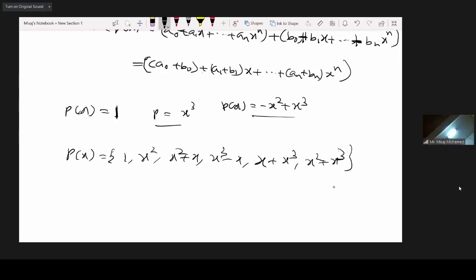So in here you have to see the highest degree. If the highest degree is cube, then it is not all of P3. P3 means all possibilities. These are just a few; there are infinitely many, because a naught, a1, a2, a3 vary.